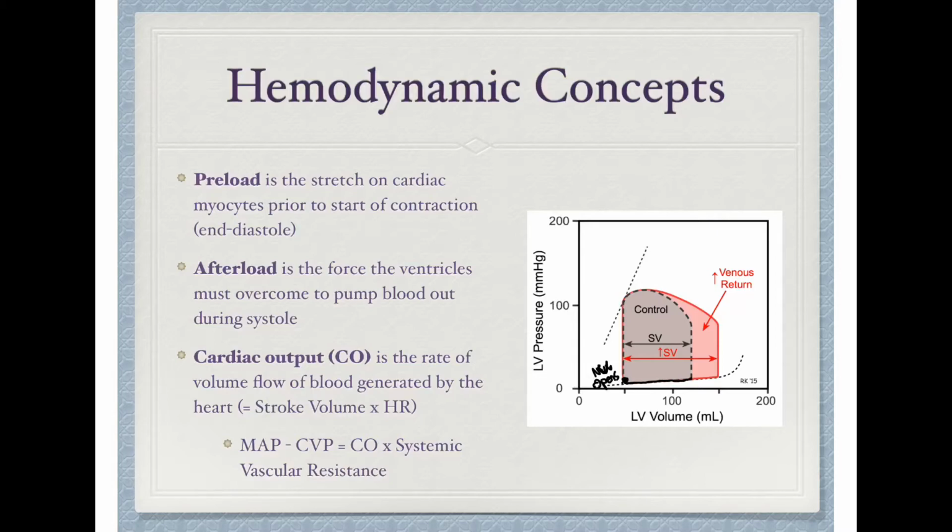The slope of this line reflects the compliance of the left ventricle during diastole. At the end of diastole, the mitral valve closes, and the ventricle starts contracting with a fixed volume. This is isovolumetric contraction.